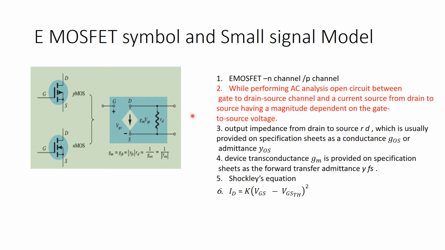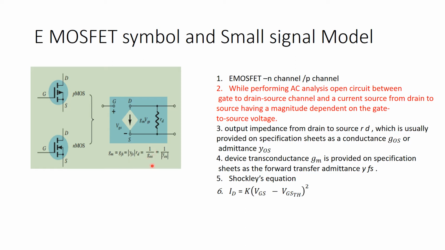The dynamic resistance between these two is rd. gm is the transconductance, the ratio of output current to the input voltage, which is equal to the absolute value of the admittance.